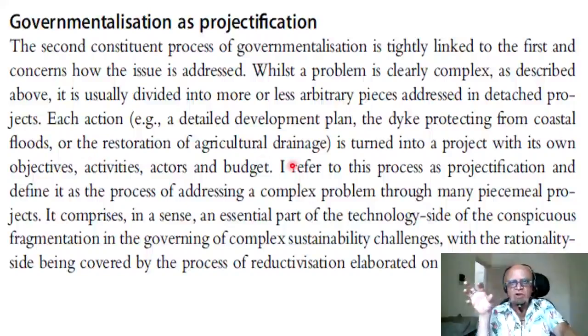So these are individual actions that are part of the overall sustainability challenge and part of staying on the sustainability pathway as a whole. Each action is turned into a project with its own objectives, activities, actors, and budgets. I refer to this process as projectification and define it as the process of addressing a complex problem through many piecemeal projects.